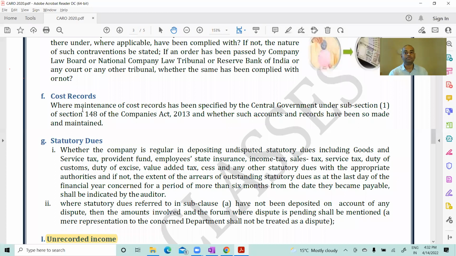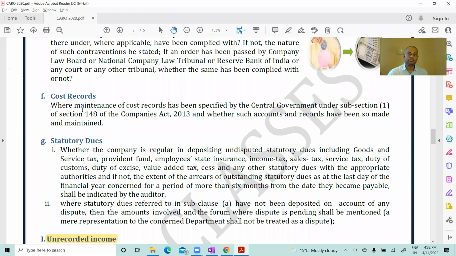It is a government order. So the central government by way of an order asked one group of companies, companies operating in cement manufacturing, companies manufacturing lithium batteries for electric vehicles, companies in chemical processing, they have to maintain cost records.